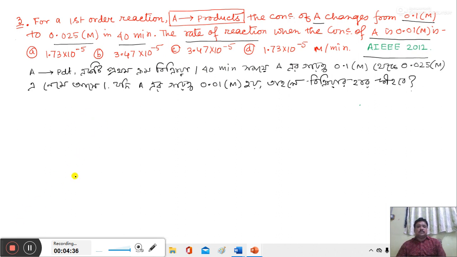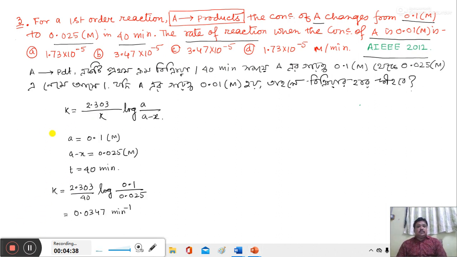Now we know for first order reaction K = 2.303 by t log of a by a minus x, where a is equal to 0.1 molar, a minus x is equal to 0.025 molar, t is 40 minutes, so the value of K is 0.0347 minute inverse.